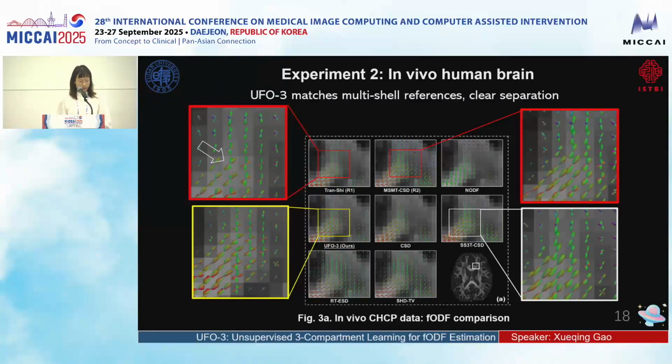Here is an in vivo example in the human brain, taken from a region where two major fiber bundles, the corpus callosum and the superior longitudinal fasciculus, cross. As the white arrow shows, there is a sharp turn in this area and most existing methods struggle to capture it. Still, UFO-3 clearly separates the crossing fibers.